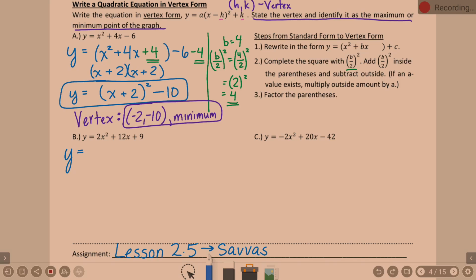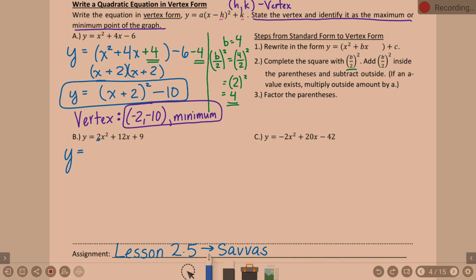The plus 9 is getting kicked out back. Now, what's the other catch here? There's an a value, yes? Am I allowed to have an a value inside that parentheses? I'm not allowed to have an a value inside that parentheses. So that a value has to go outside the parentheses.